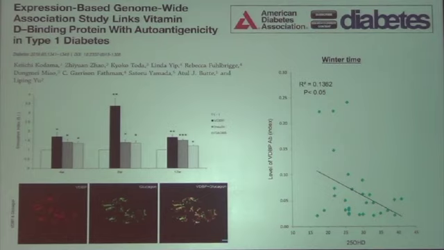So, in regard to the vitamin D binding protein, this genome-wide association study described that vitamin D binding protein could be a potential novel autoantigen in type 1 diabetes. The authors in fact found that T-cell reactivity against vitamin D binding protein is actually higher compared to controls in non-obese diabetic mice, that is an animal model of type 1 diabetes, but they also showed how patients with type 1 diabetes exhibit higher levels of serum anti-vitamin D binding protein antibodies that are actually inversely correlated with the serum levels of vitamin D during winter time.